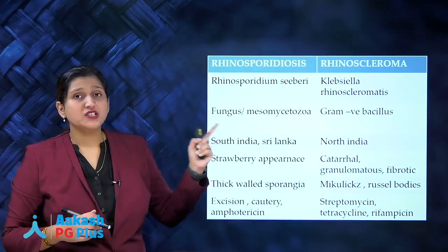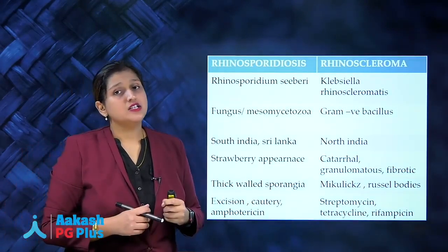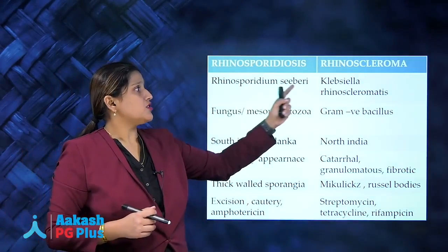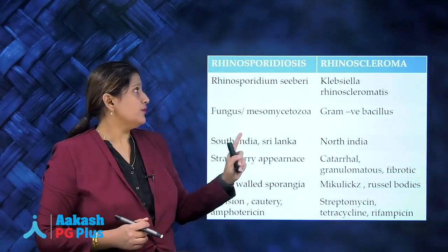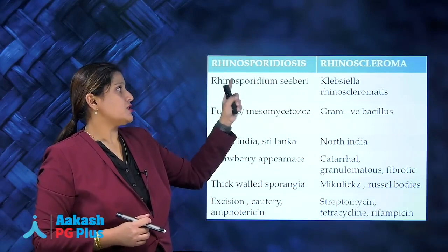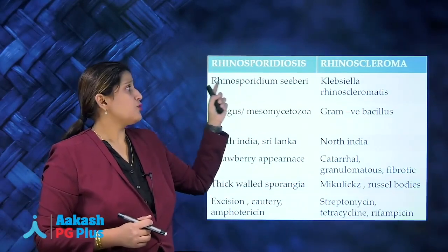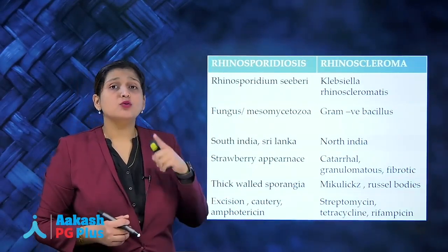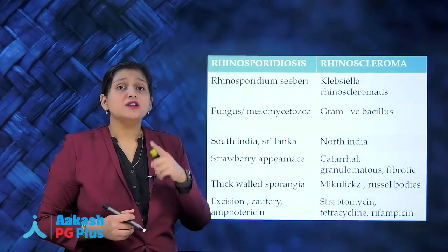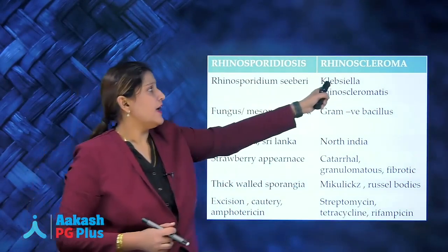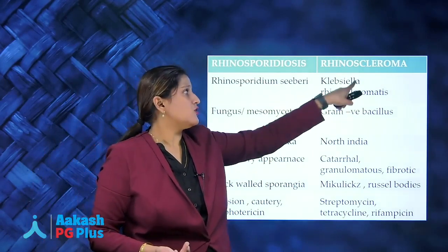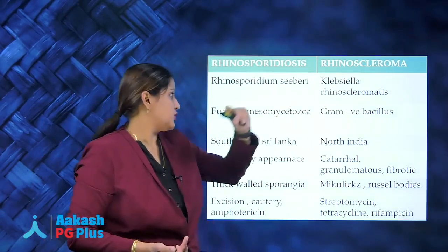Two common conditions that are very often asked in these questions are rhinosporidiosis and rhinoscleroma. Do not get confused between the two. Rhinosporidiosis is caused by the fungus Rhinosporidium. As you know, most fungi make spores, so you can remember fungus by spores, and Klebsiella is a bacteria, so rhinoscleroma is a bacterial infection.